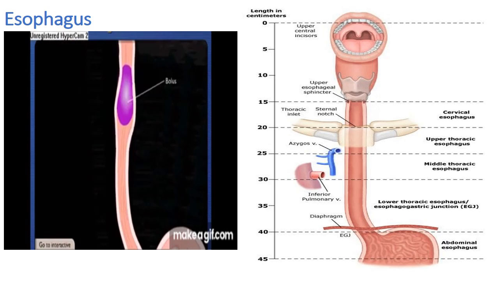The movement of food in the esophagus is by the peristalsis process. Here we can see in the animation how the food movement takes place in the esophagus. A wave-like movement takes place, with contraction of longitudinal muscle and circular muscle antagonistically.